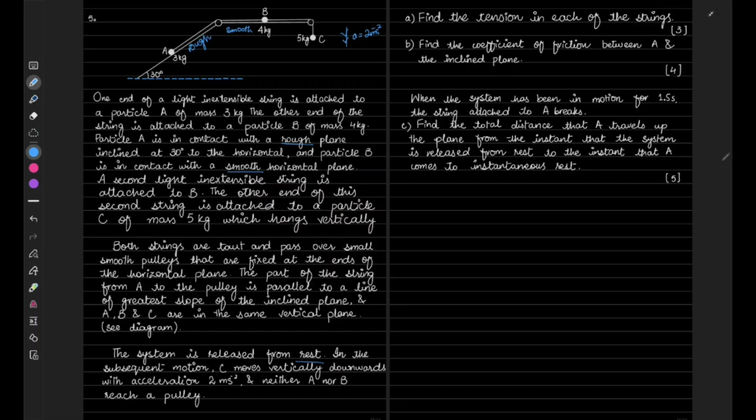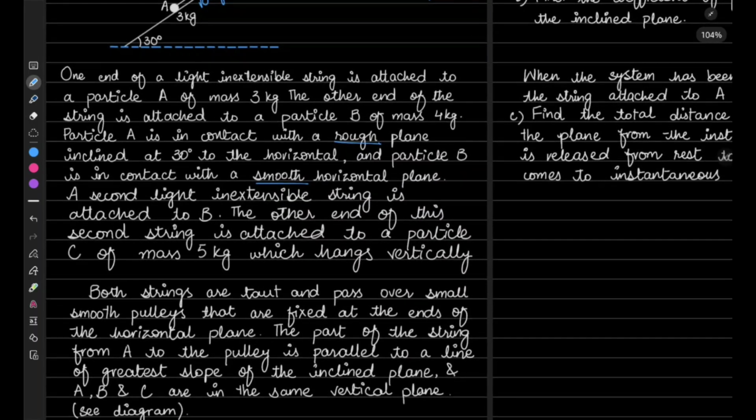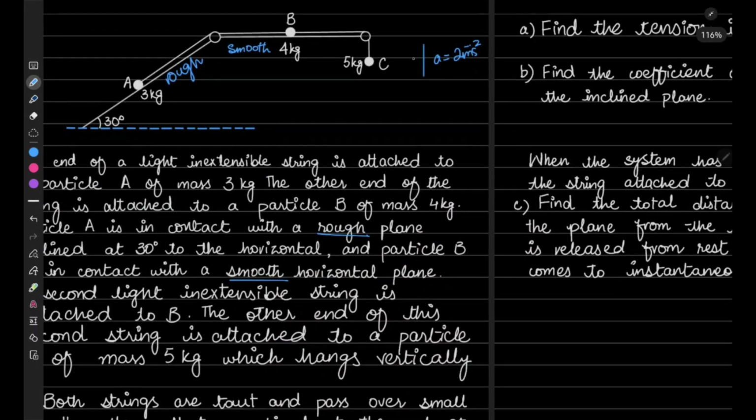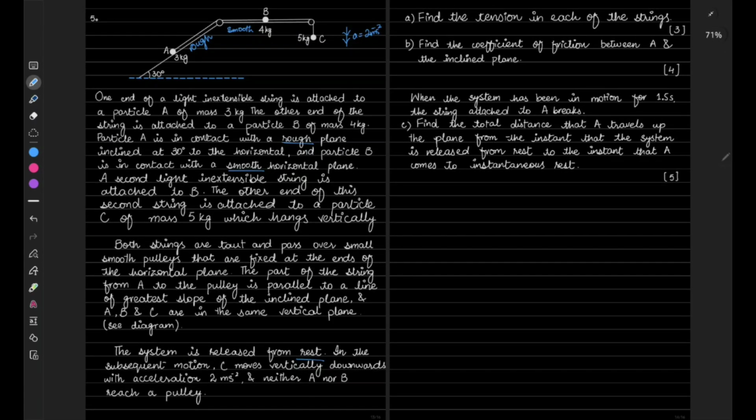And neither A nor B reach a pulley. So yes, it will move vertically downward, but A and B won't reach the pulley. This just moves downwards like this. Find the tension in each of the strings.